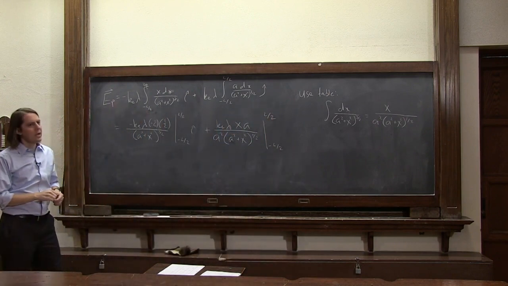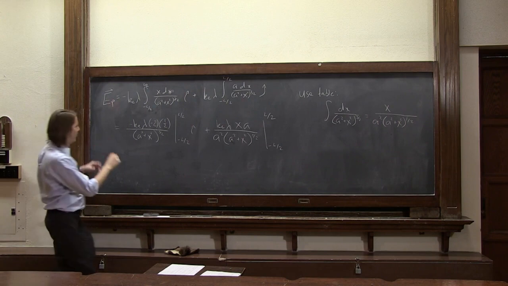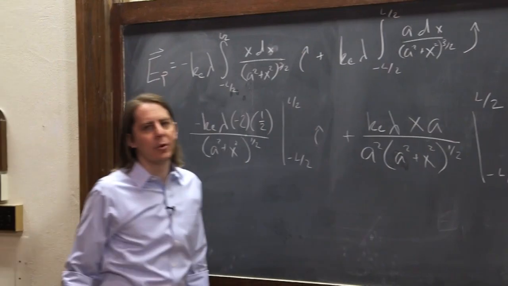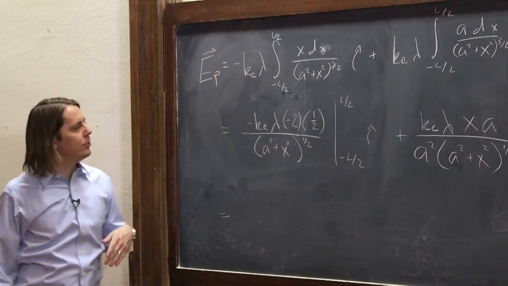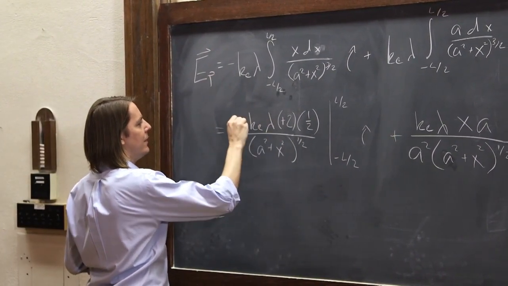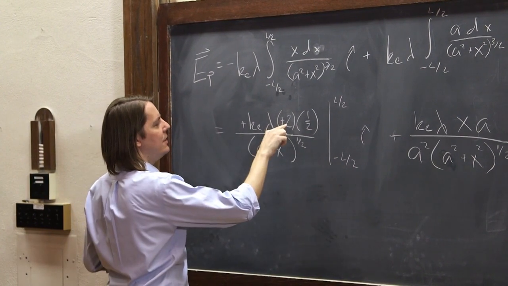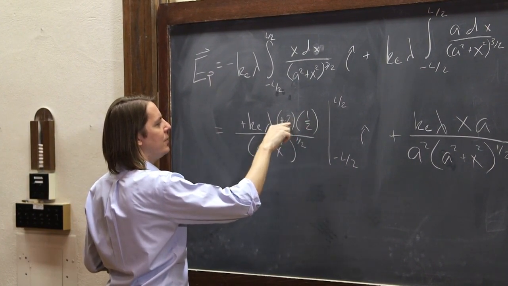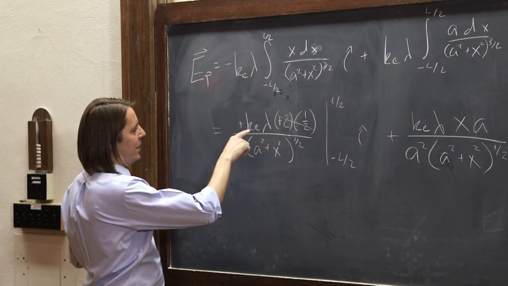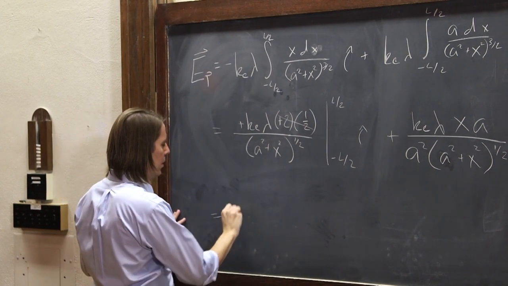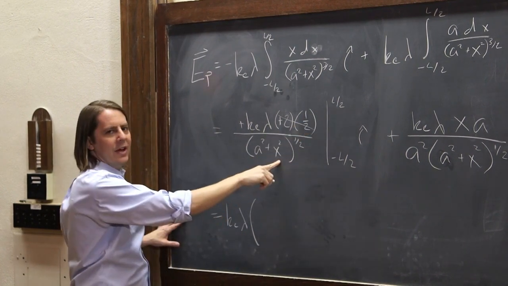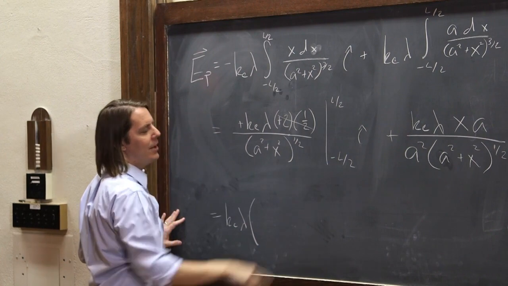Okay? So now let's apply our limits and see what happens. That's j hat. So now we're going to apply the limits minus L over 2 to L over 2 and see what we get. A lot of stuff's going to go away here. That and that go away. The 1/2 and the 2 basically cancel to make 1. So pretty much what we have here is ke lambda. I'll pull them out. And we're going to plug in L over 2 into the x, and we're going to plug in minus L over 2 into the x.